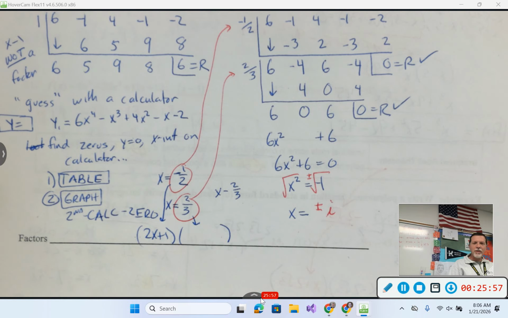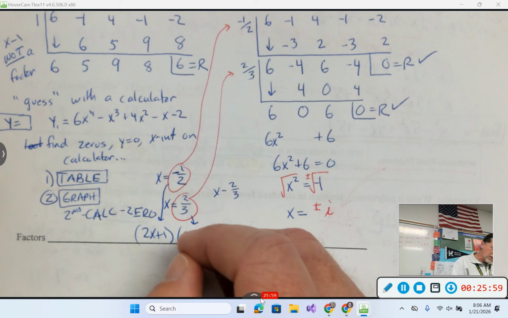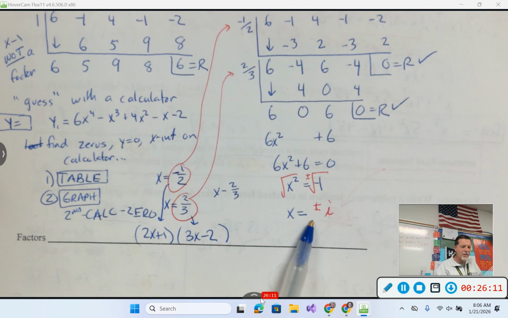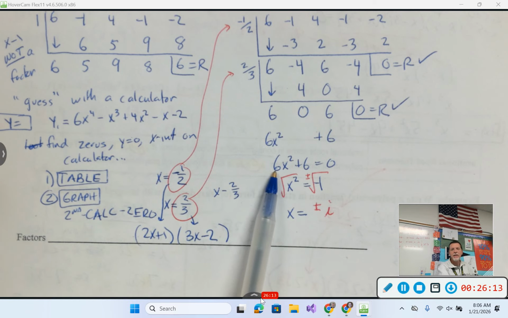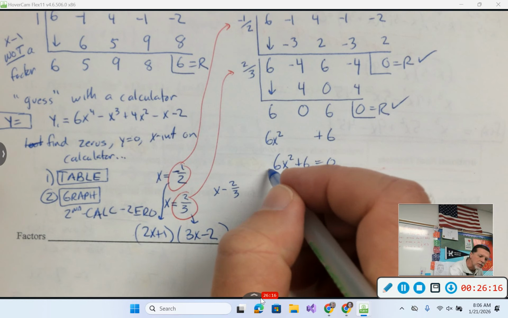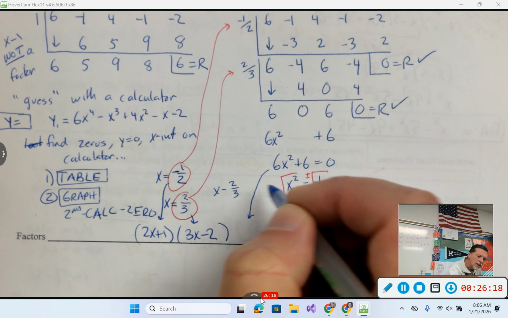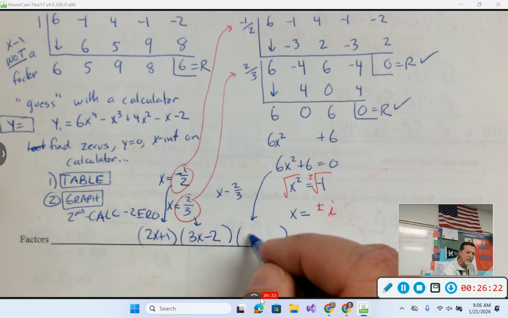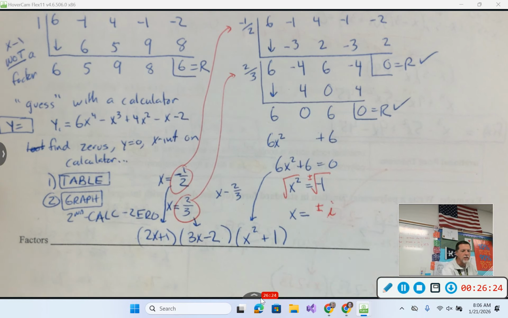I could start with x minus 2/3, multiply through by 3, 3x minus 2. Now the other factor, it didn't say. I don't want i's in my factors, so I'm going to back up to 6x squared plus 1. But if I take the 6 out, I don't need the 6 in there. It's really just x squared plus 1.